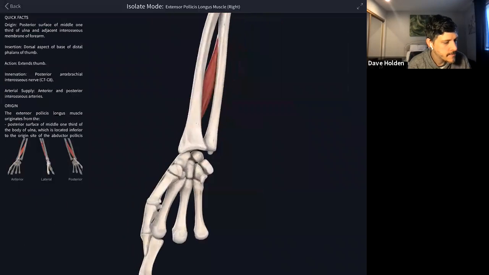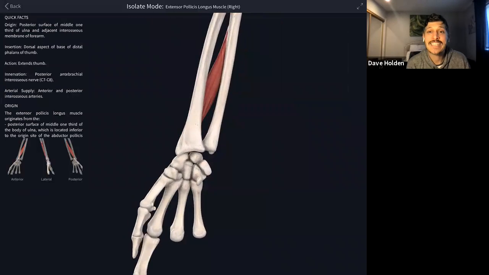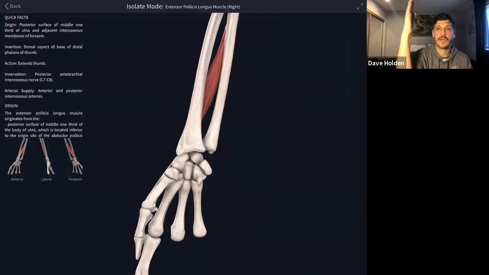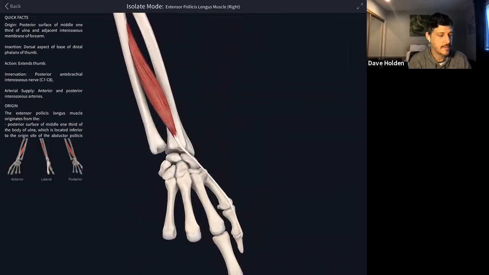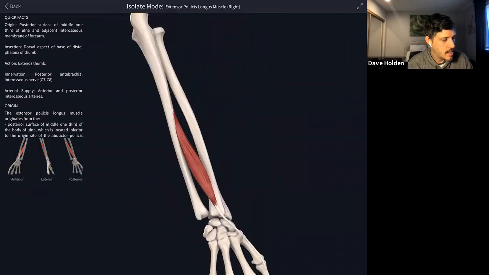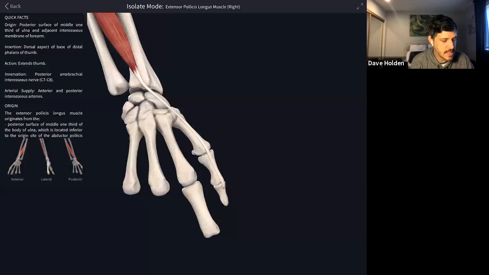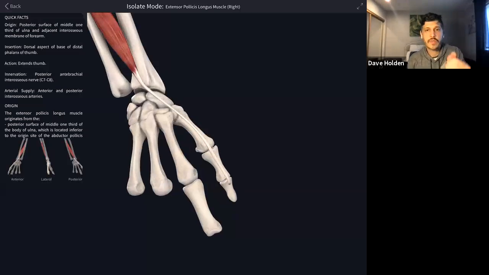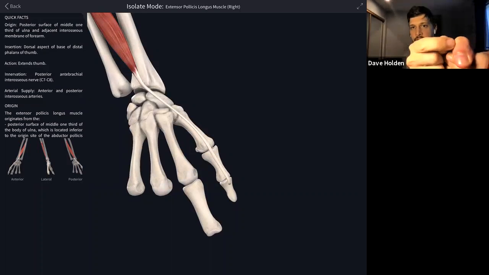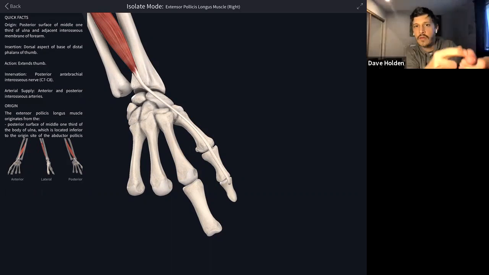Extensor pollicis longus. Because this is an extensor, this one is going to be located on the posterior side. It will start on the posterior surface, about the medial third of the ulna, and the interosseous membrane. It will insert on the dorsal aspect of the base of the phalanx of the thumb, right about there, above your thumbnail.